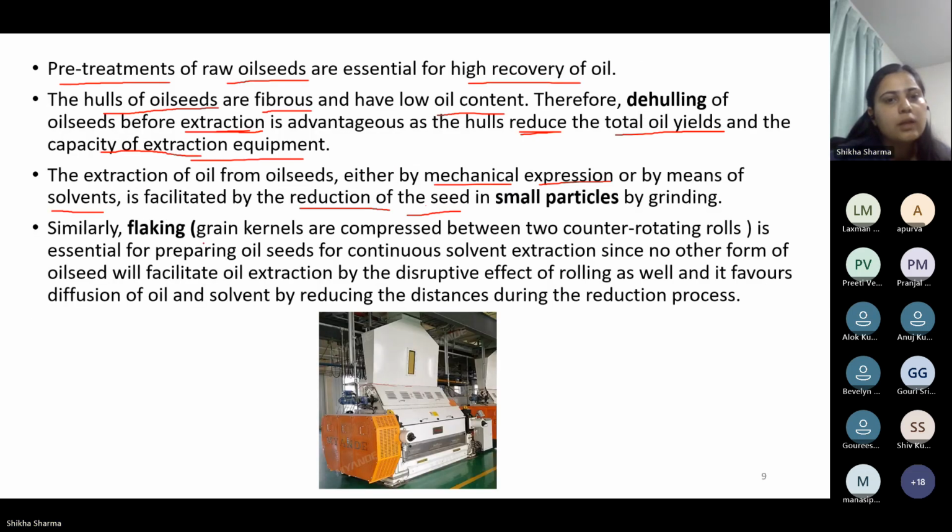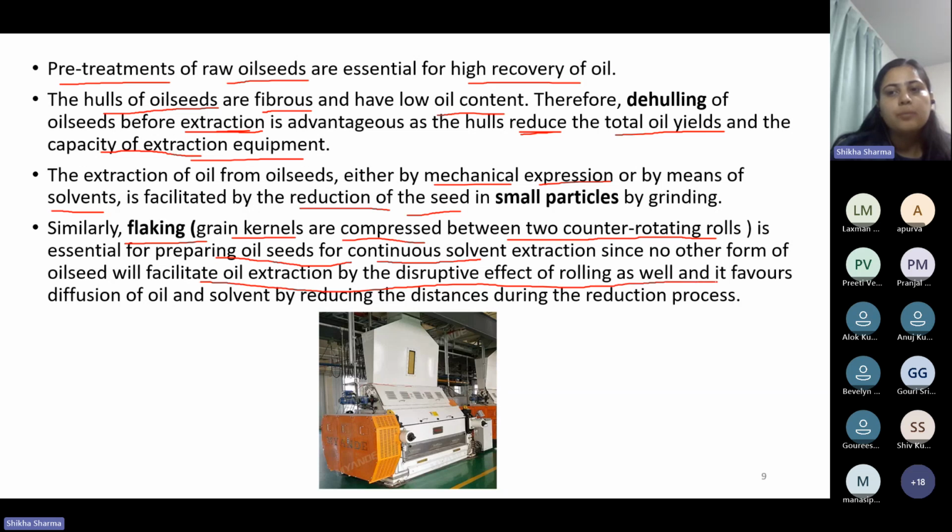Third is flaking. Flaking means grain kernels are compressed between two counter rotating rolls. So the grain will be between two counter rotating rolls, and because of that it becomes a flake when it passes through. It is essential when preparing seeds for extracting the oil, because it facilitates oil extraction by the disruptive effect of rolling.